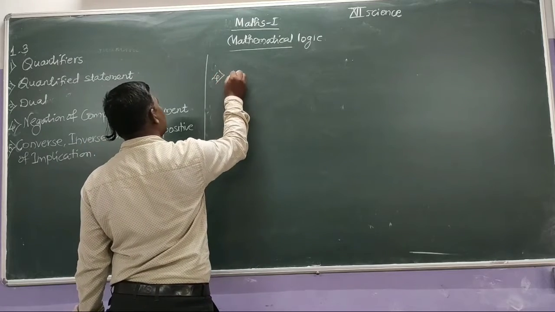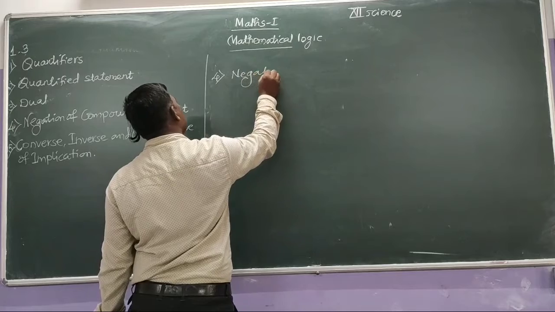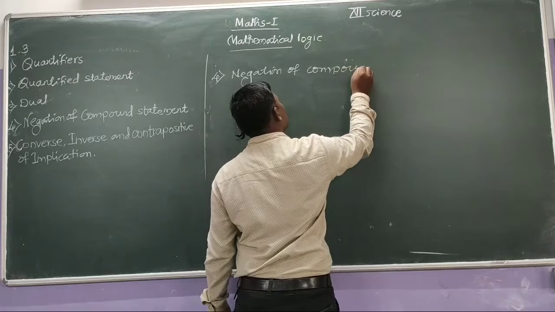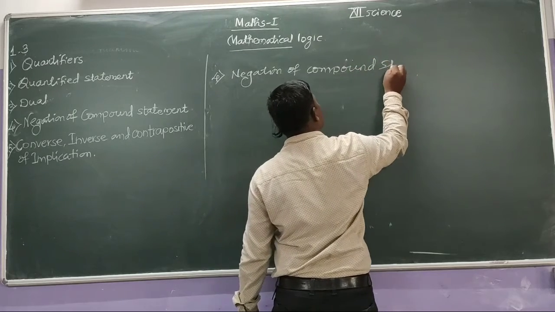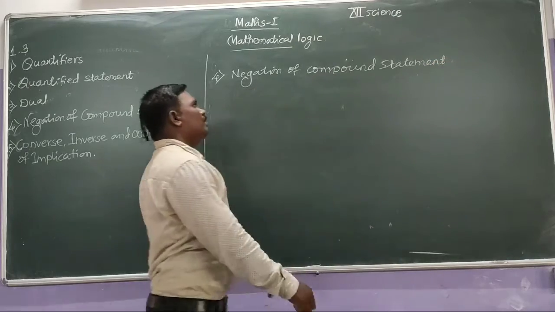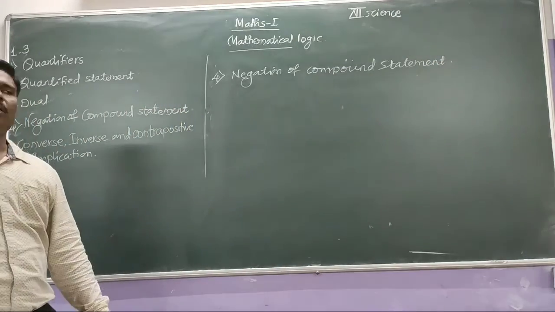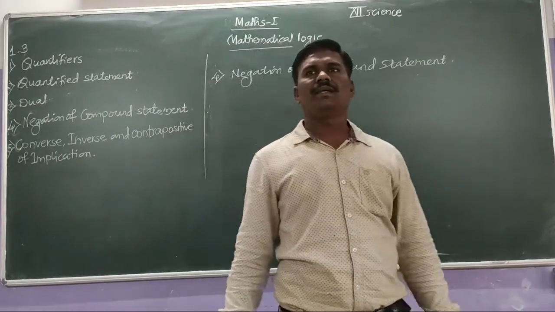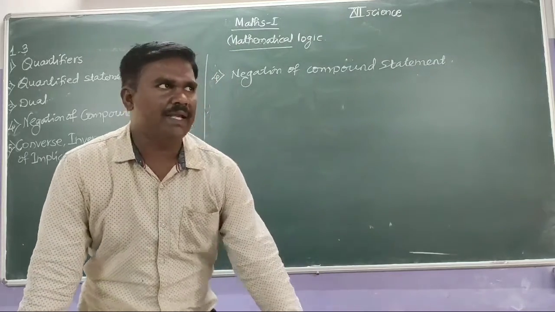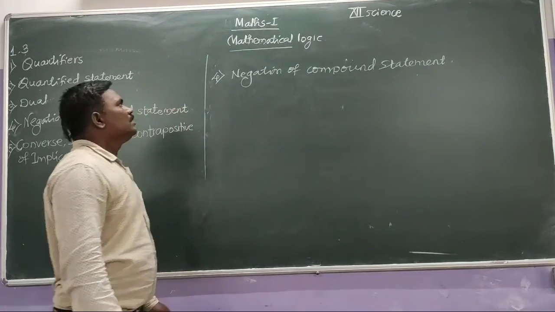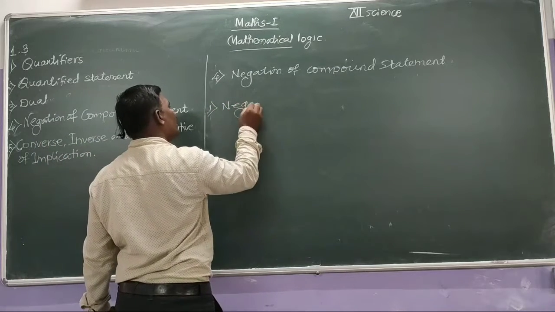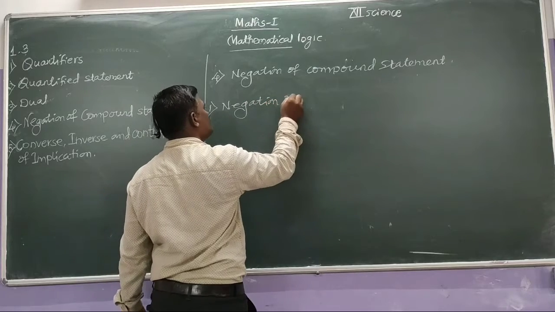A compound statement means conjunction, disjunction, negation, implication, and double implication. Therefore, take firstly the negation of a conjunction.